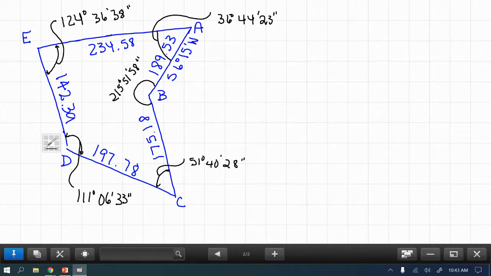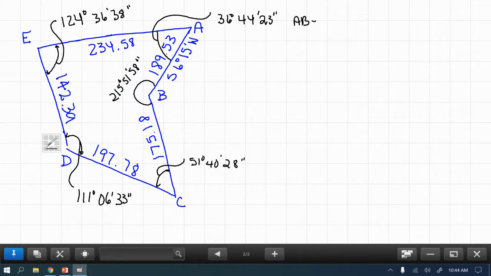Okay, so I'm going to convert that 6 degrees 15 minutes west to an azimuth. Somebody give me the azimuth from A to B. If it's in quadrant 3, remember your chart, this is kind of what your test was on. How do I convert that?